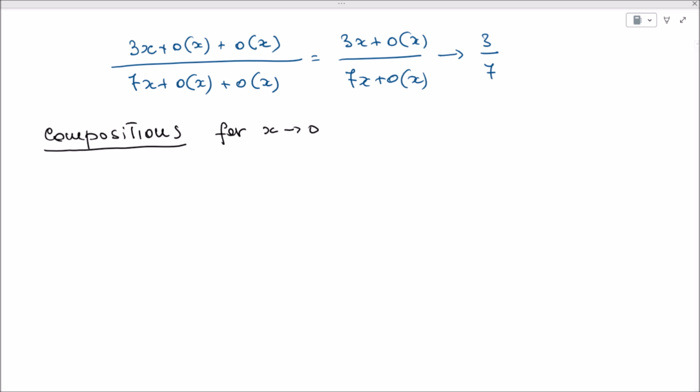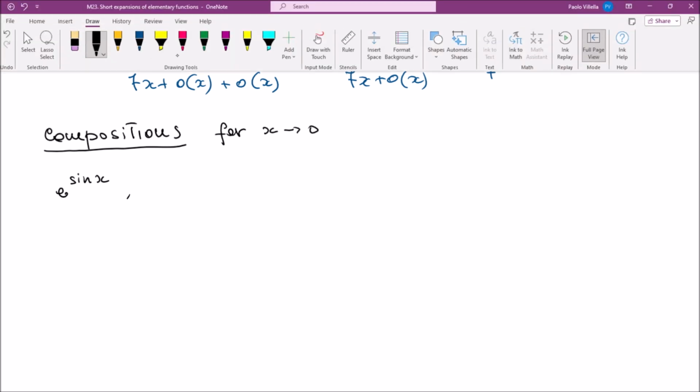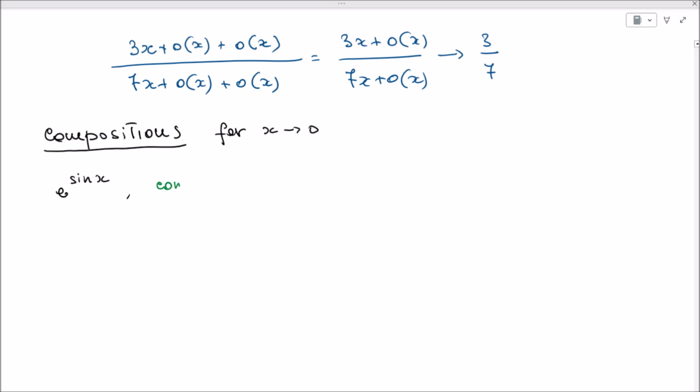So we are also looking at composition, assuming that x tends to 0. Okay. First example of a composition is e to the sine of x. Now clearly this is just a composition of two functions, e to the x and sine of x.